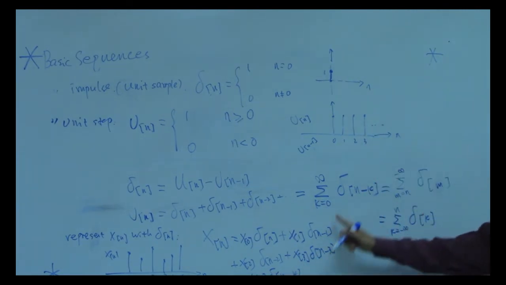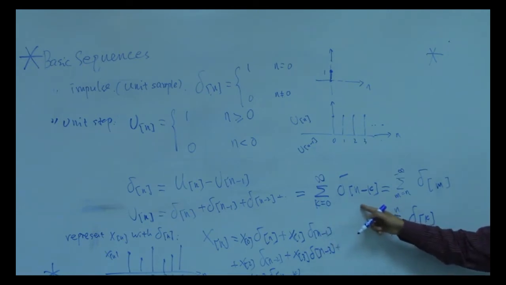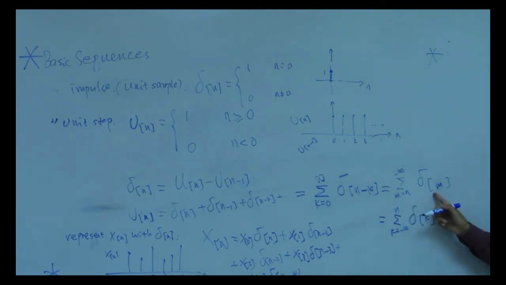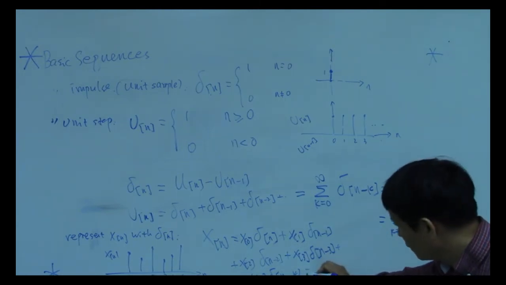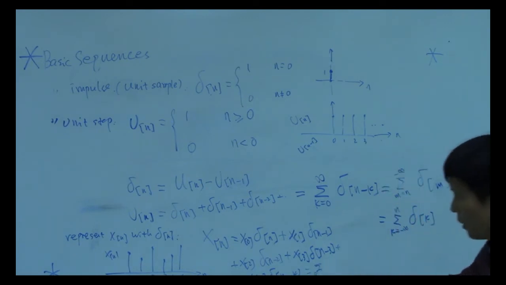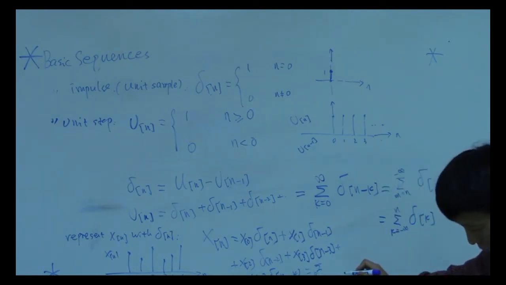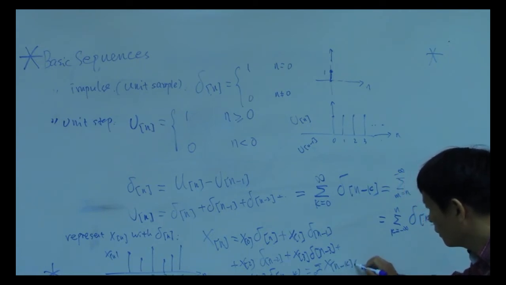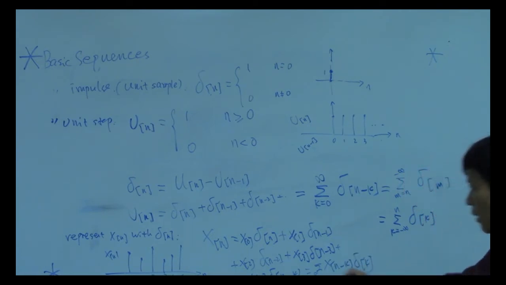This is a special case over here. Similarly, we can use this method to represent this. Then it will still be the sum over k of x n minus k and delta k. We can use either way to represent.